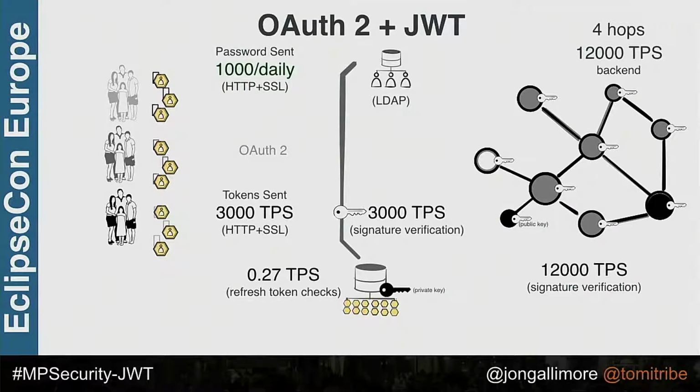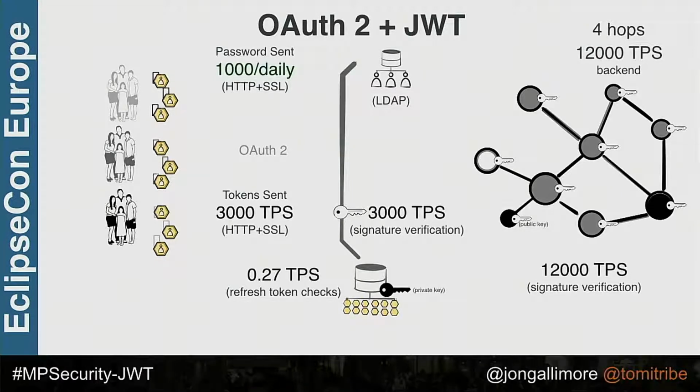So this has quite a big impact on our architecture, because the key thing that we're able to do is validate the token in memory. It's just CPU and memory. We don't actually have to go off and talk to an IDP server or an LDAP server or a token store in order to check that these things are valid.